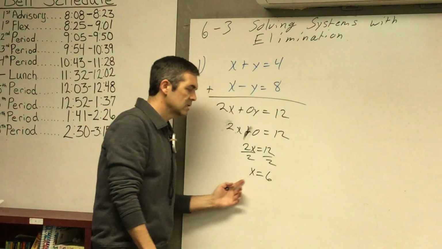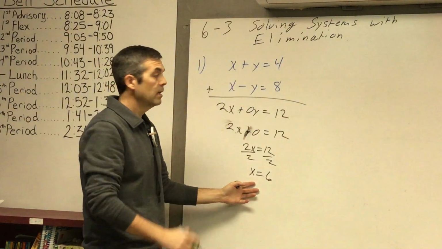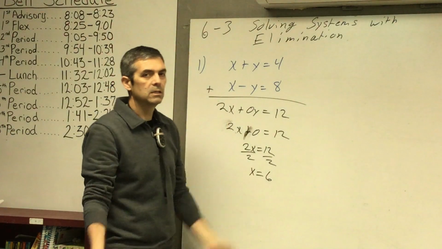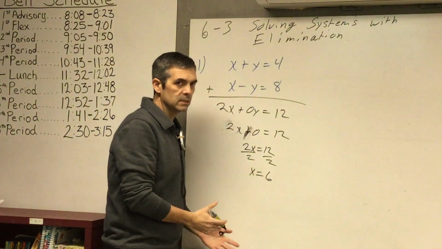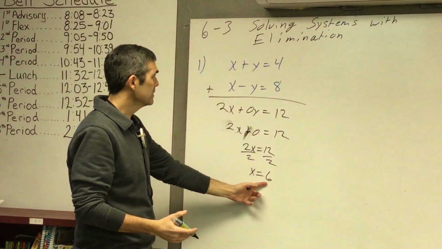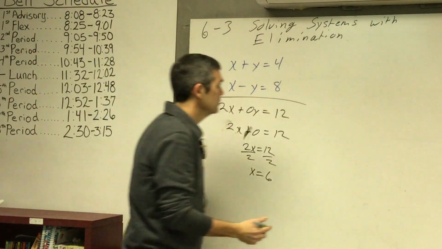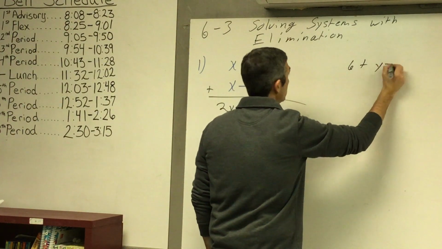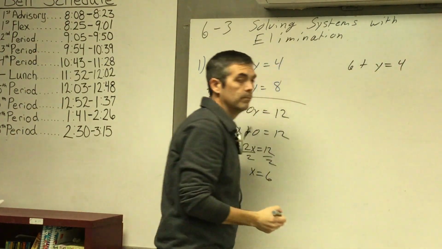Now I'm going to take this 6 and substitute it in. I can substitute it in here or I can substitute it in here. It doesn't matter. It should end up being the same either way. So I'm going to take the 6 and plug it into this one. So 6 plus y equals 4.